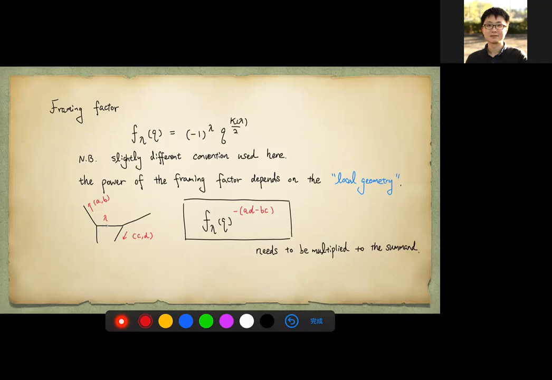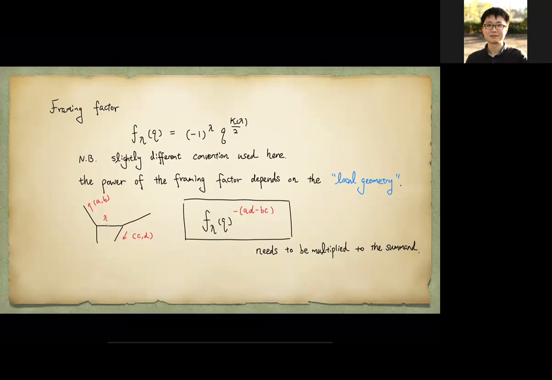If we consider the framing factor associated to this Young diagram lambda, then we consider the two vectors sandwiching this Young diagram and compute the vector product of these vectors, and then we multiply this framing factor to the summand in the calculation, and we take the summation over all possible Young diagrams representing the degrees of freedom of the internal lines in the brane diagram to find the final expression of the Nekrasov partition function.